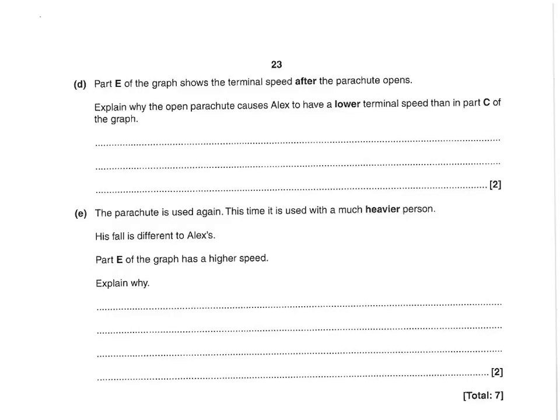You could say that the drag equals the weight but at a lower speed. You could say that as speed reduces, drag reduces until it equals the weight. For 2 marks, you could put that larger area parachute has drag equals weight at a lower speed, something like that. You could also say something like the forces are balanced at a lower speed as well for a mark.